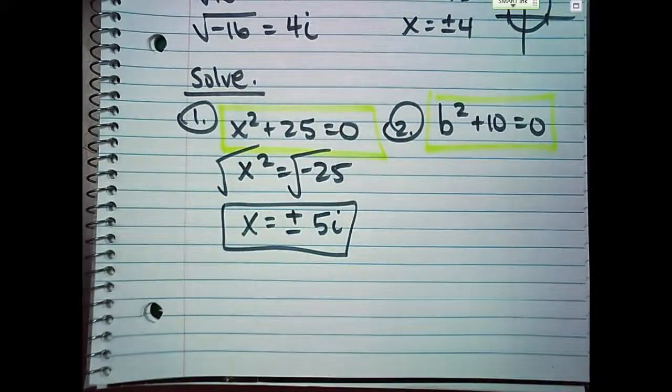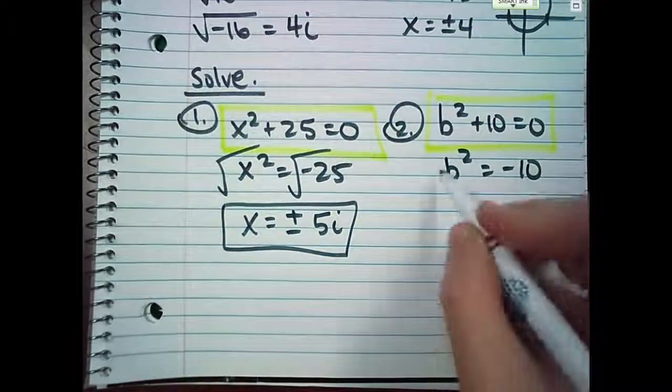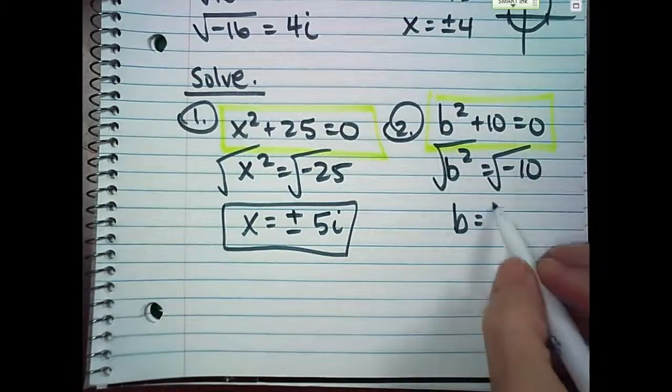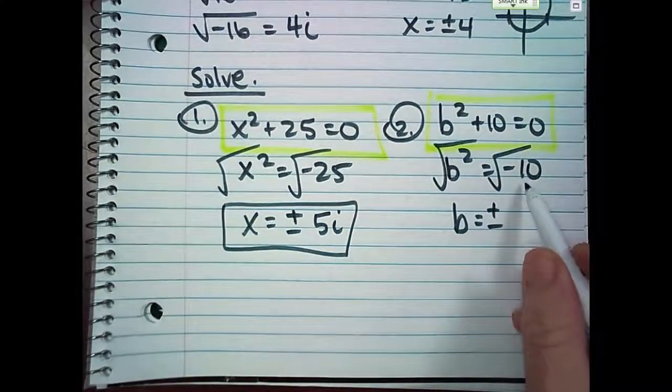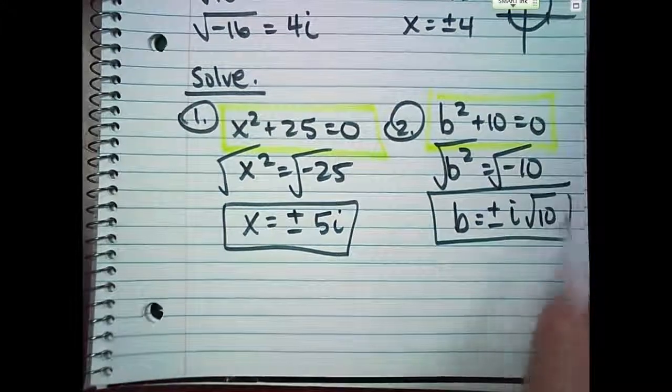So now you've got b squared equals -10. Take the square root of both sides. So b, okay, it was a quadratic, so plus and minus. I can't take the square root of 10, so it's just i root what? 10. I can't break it down anymore.